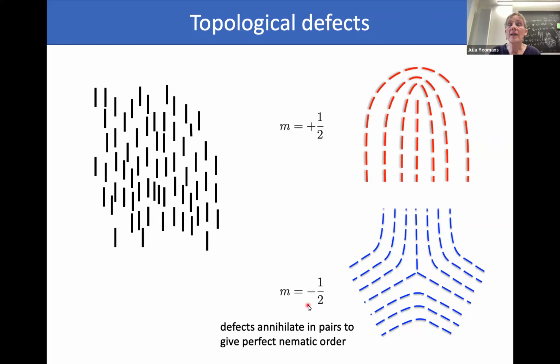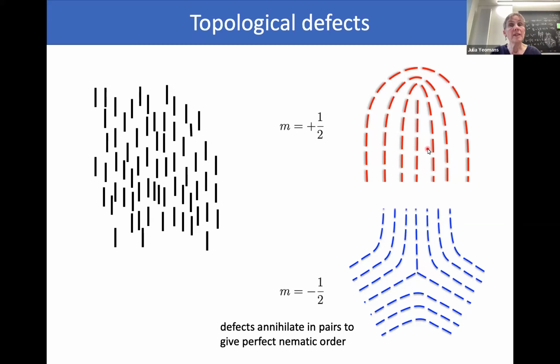This one is labeled a -1/2 defect, and you get this 3-fold symmetry. And they're called topological defects because they muck up the order all the way out to infinity in an infinite system. You can't undo, if you like, this defect. It's a bit like a knot. And it has on its own an infinite energy because it distorts the order everywhere.